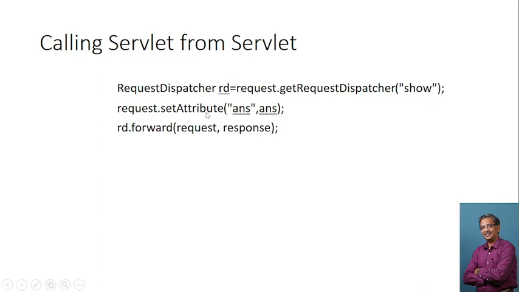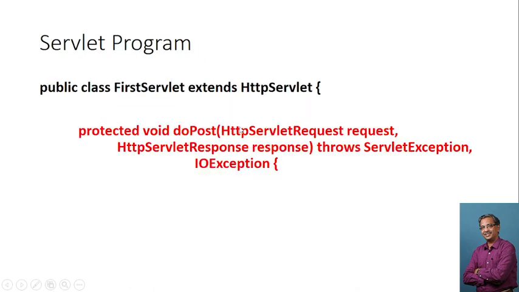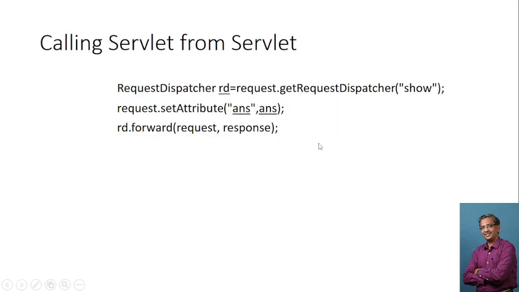With the help of setAttribute we are setting it, and then to go to the next servlet we use the forward method. So rd.forward(request, response), these two objects come automatically here, and again we have to forward them. When this statement rd.forward is executed, it actually calls show.